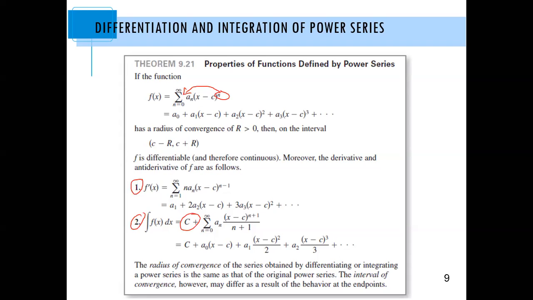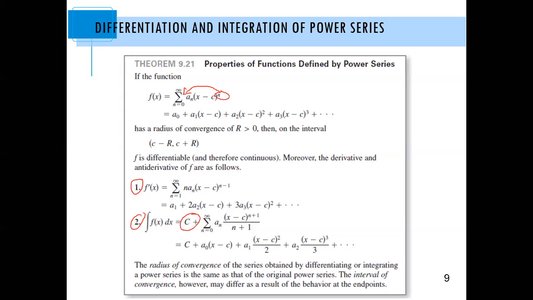And then there's a question about the radius of convergence. Well, guess what? This is what's so amazing. The radius of convergence is the same for the derivative and the integral of the original power series. So the only thing you'll have to potentially check is, what do you think? The endpoints. You will have to check the endpoints if they exist.